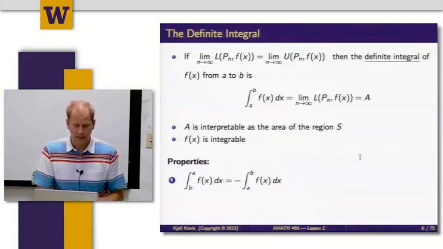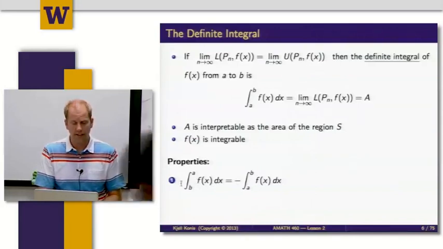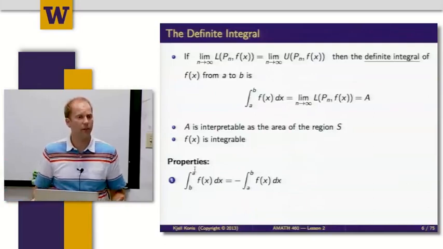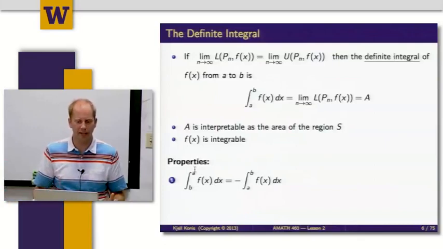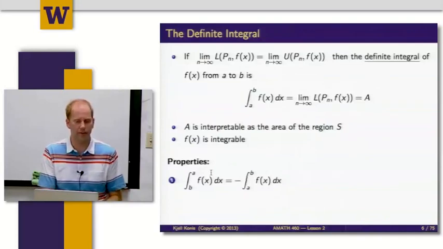And so just to get used to working with integrals, I'll go over some basic properties. If I look at the integral from b to a, so now all I've done is switch the endpoints, instead of going from a to b, I'm now going from b to a. Let's pretend it's like the picture, so a is less than b.